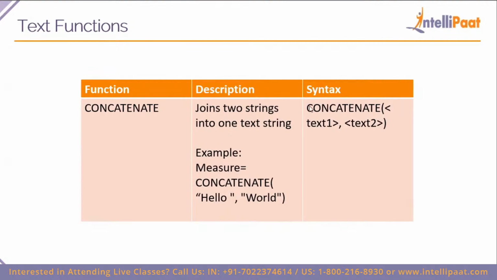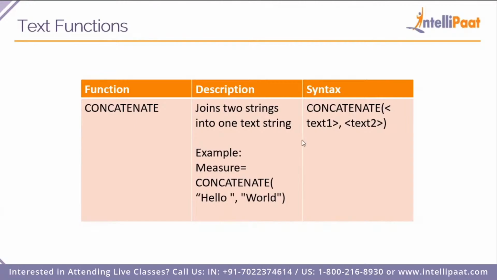First we should understand the syntax as well. As we have seen already, the first thing will be the function name, and then inside the parentheses, it is going to have the arguments. Here it takes two arguments, the first string and the second string, which we separate with the help of a comma. As a result, we will be getting the concatenation of two strings.